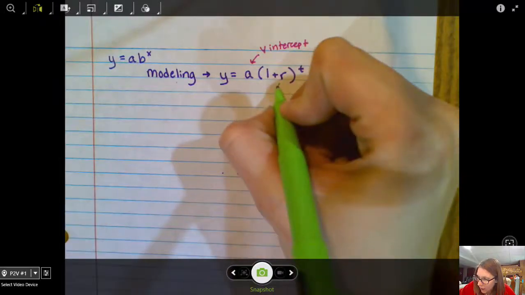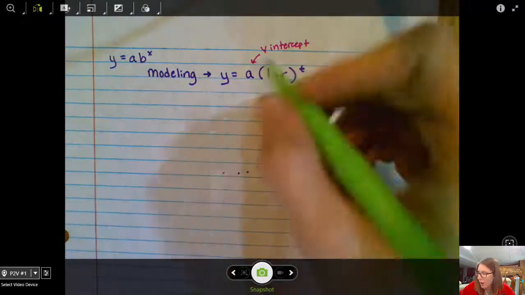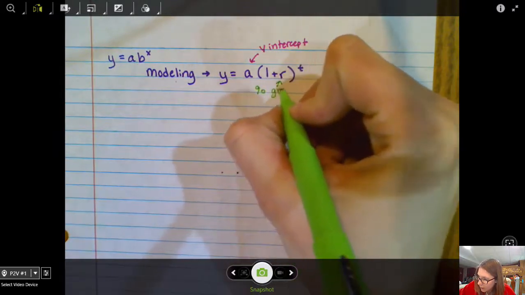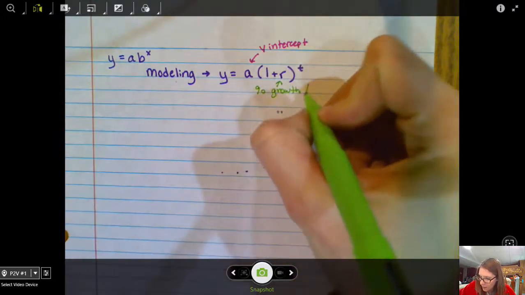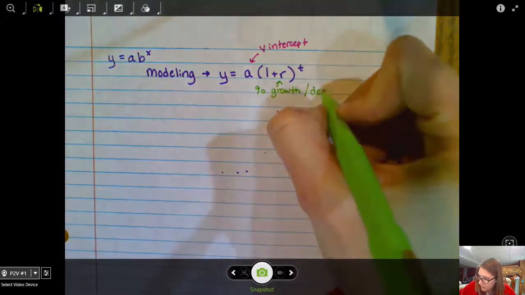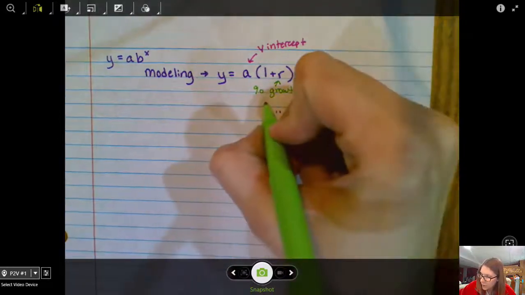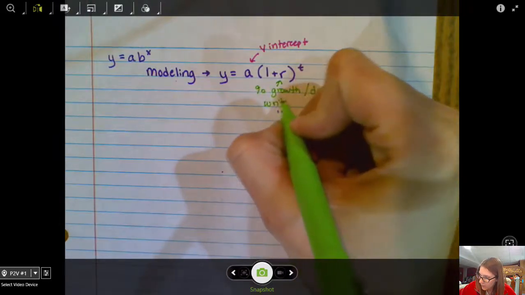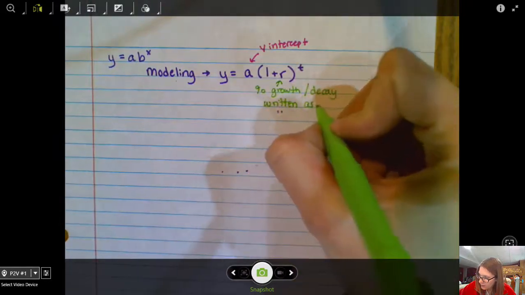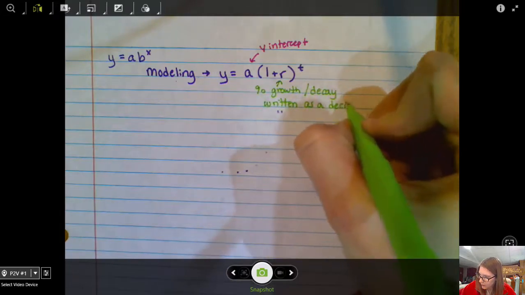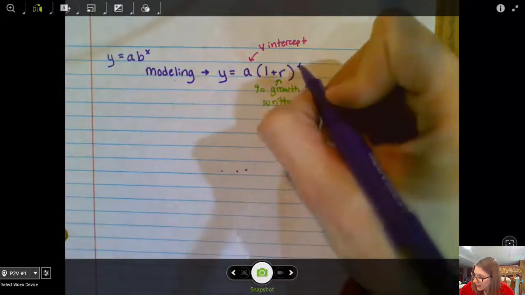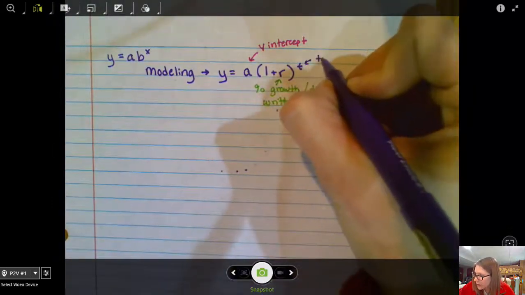But if we look at the r specifically, r tells us the percent of growth or decay, written as a decimal. And then x, or t, will refer to time.